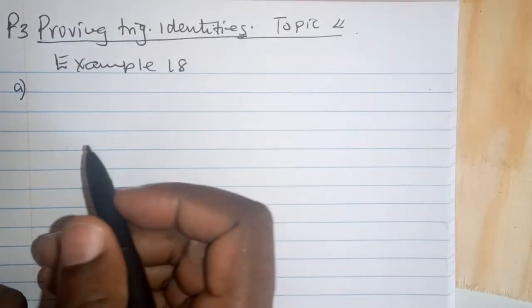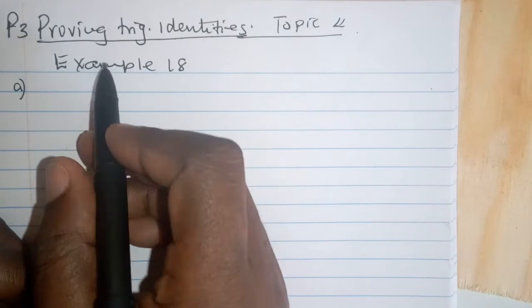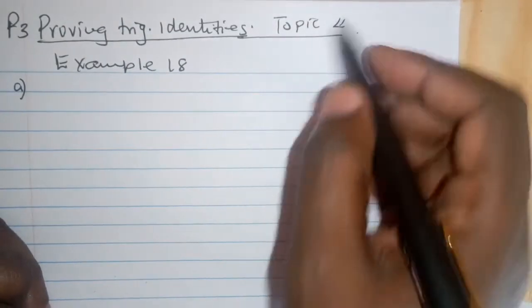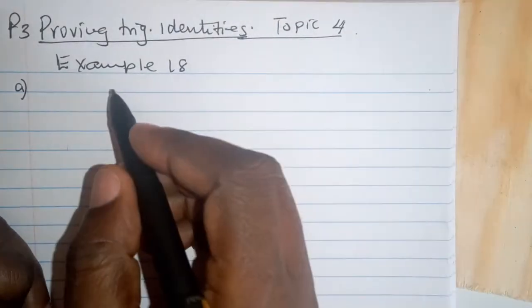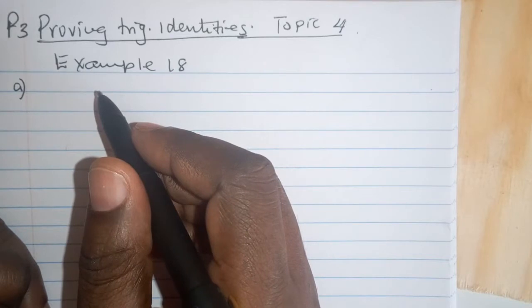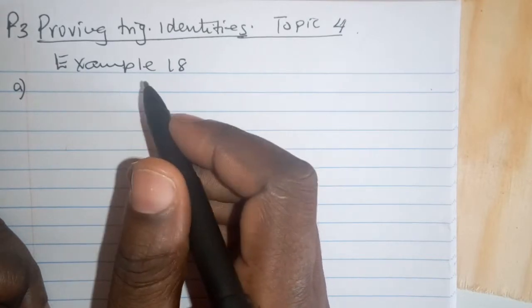I want us to try and prove some trigonometric identities in this video, and we are going to do this using example 18 on page 90.